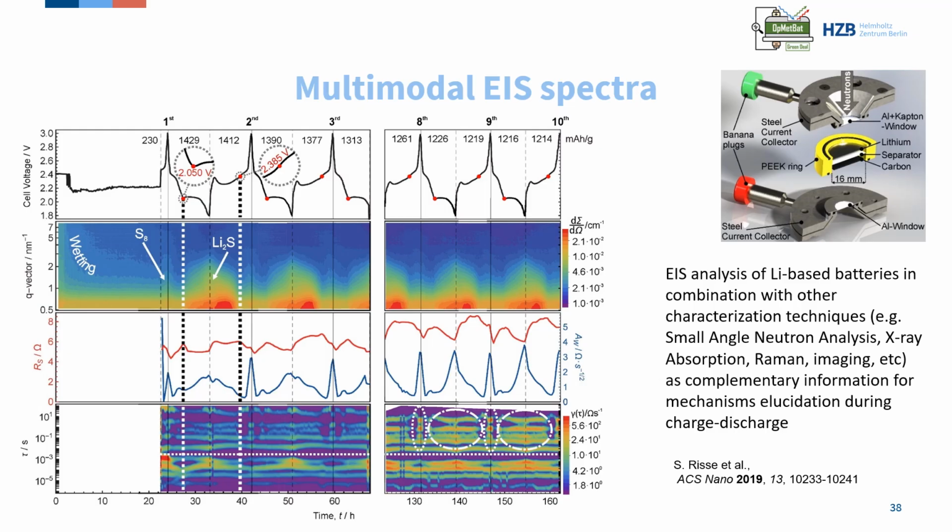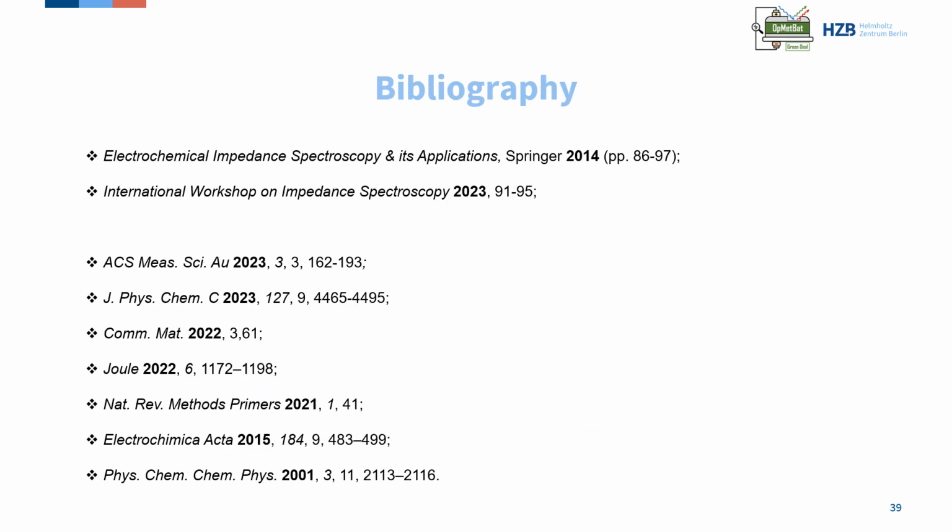For this multimodal characterization, an adapted design of a battery cell is used so that the electrochemical processes can be measured with different techniques. Here, you can find some recommended references to know more about electrochemical impedance spectroscopy.